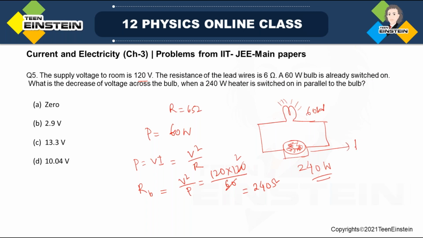What about the electric heater? This has resistance R heater, which is also 120 into 120 divided by 240. This will be 60 ohm. Now you have to find out the voltage drop, sorry, the decrease in the voltage.